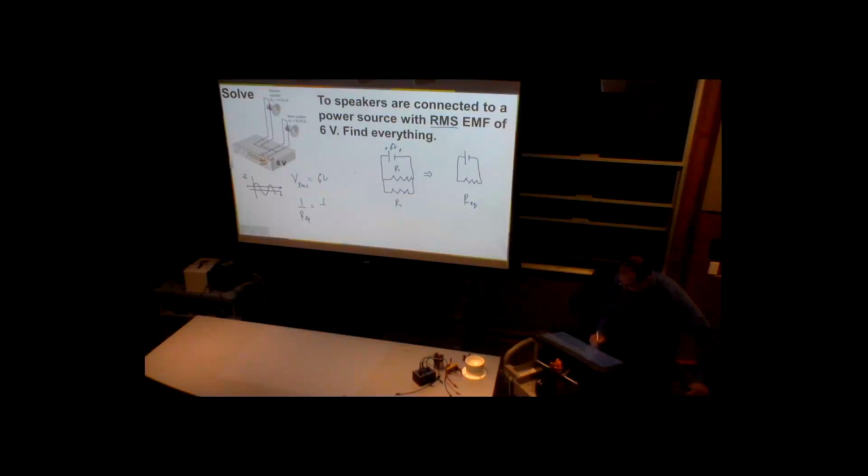We just have to apply a rule for resistors connected in parallel, and that is 1/4 plus 1/8, which is 3/8. What do we do now? Flip it. So R equivalent is 8/3 ohms.